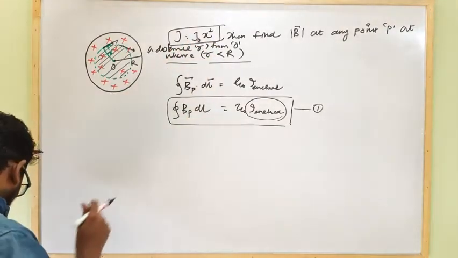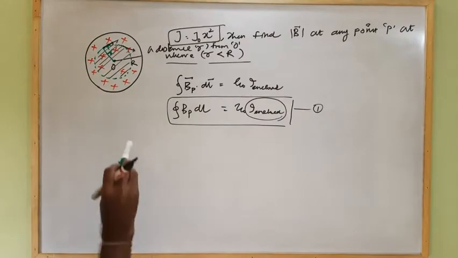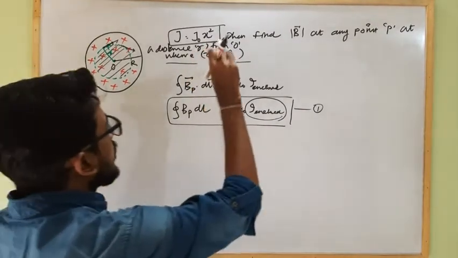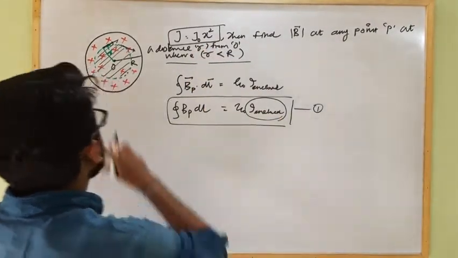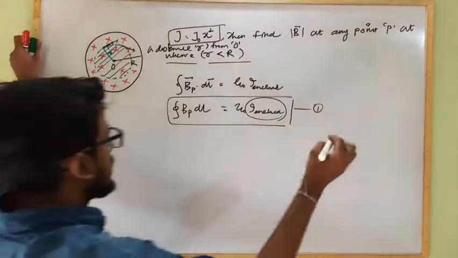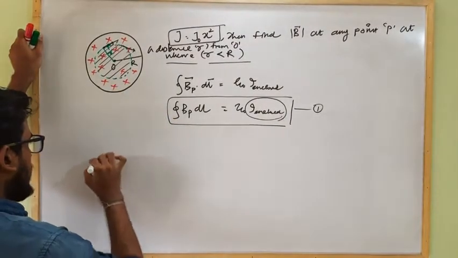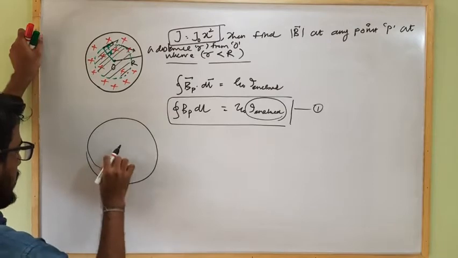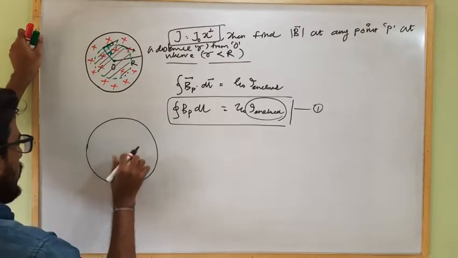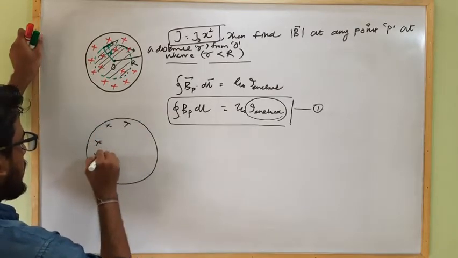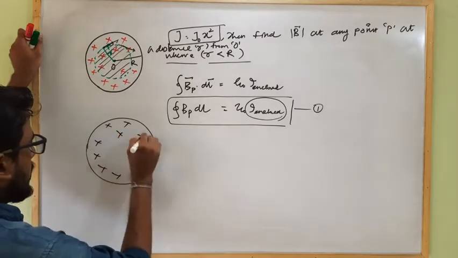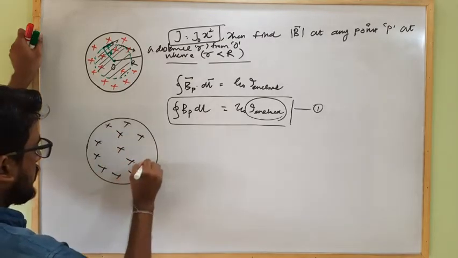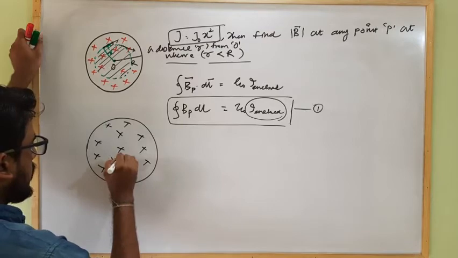So how to calculate the total current enclosed by this Amperian loop? For this, let me draw this figure once again. This is the complete circular current carrying conductor which carries current into the plane like this. This is the origin O.